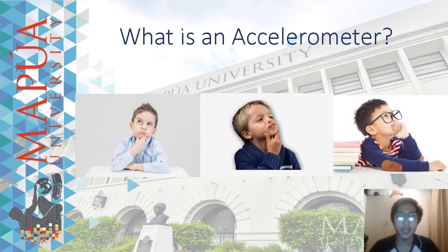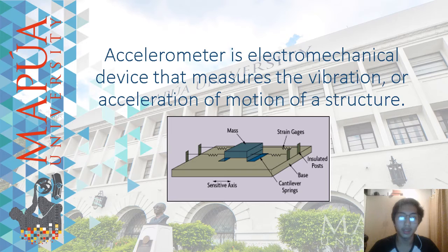So first, let us define what an accelerometer is. An accelerometer is an electromechanical device that measures the vibration or acceleration of motion of a structure, where acceleration is the rate of change of an object's velocity per unit of time, measured in meters per second squared.